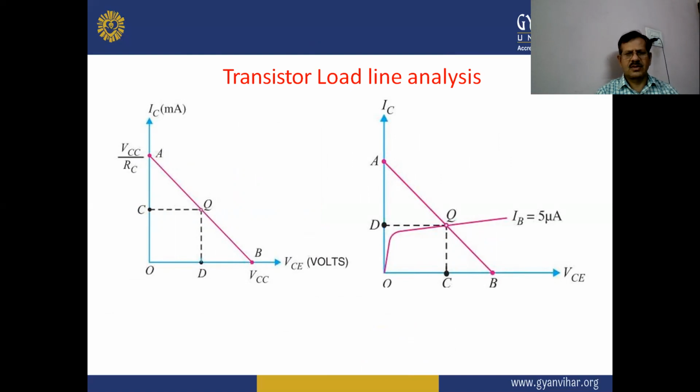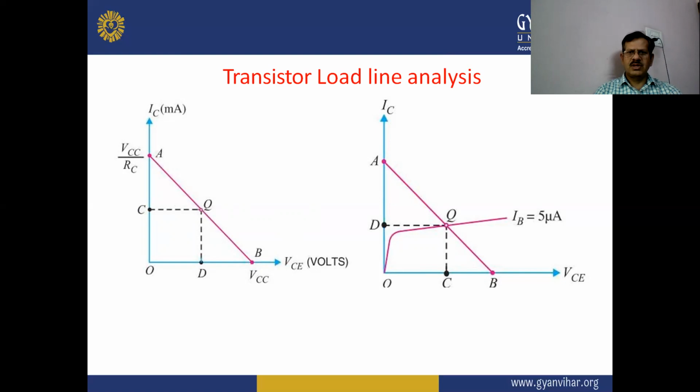In this graph, drawn between IC versus VCE, we draw a line that crosses the y-axis at point A and the x-axis at point B. So this line from point A to point B is the load line, and we take a point Q on the load line, that is the operating point, or we can say the Q point.